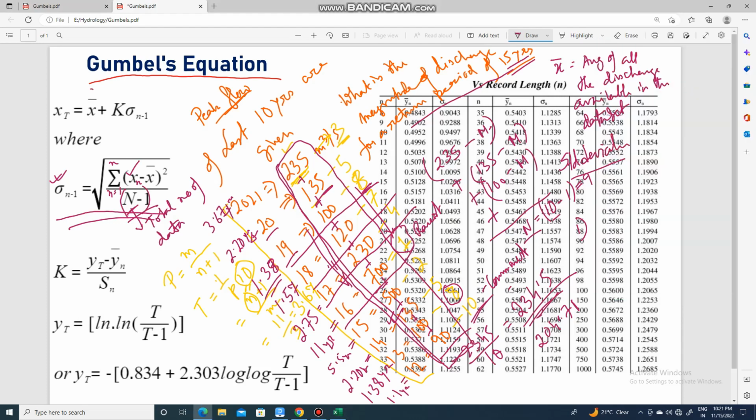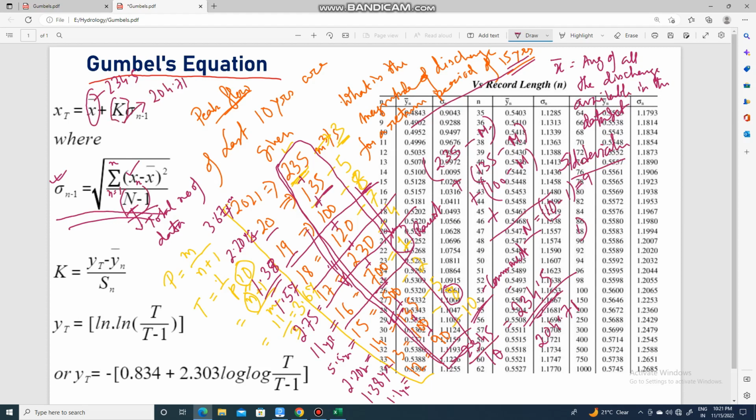So you have already found out that this value is 234.5 and this value is 204.71. Now we have to find what is K.